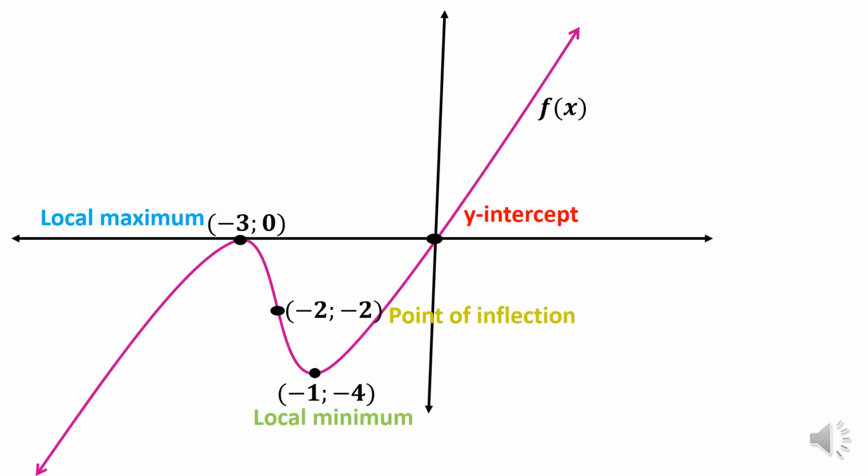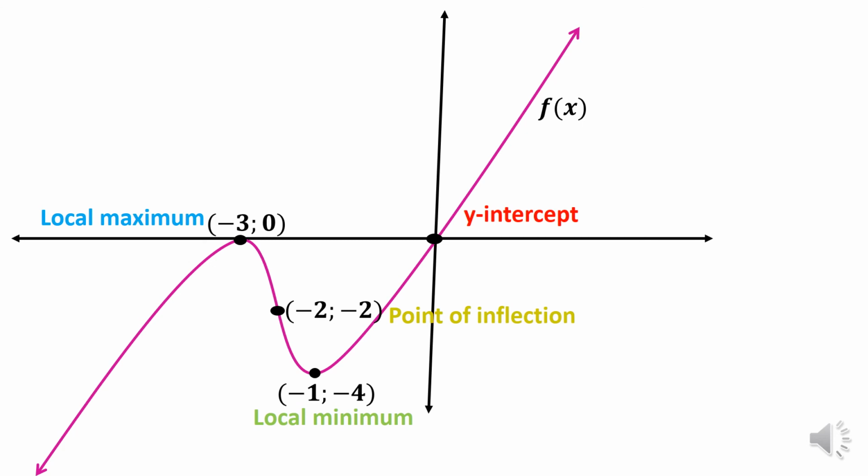Now that we've calculated everything we need to know in order for us to construct our graph, we can then go ahead and actually plot our points and draw the graph. So, if you look at the function in front of you, I have the coordinates of my local maximum, which is minus 3 and 0, as well as my point of inflection, which is minus 2 and minus 2.